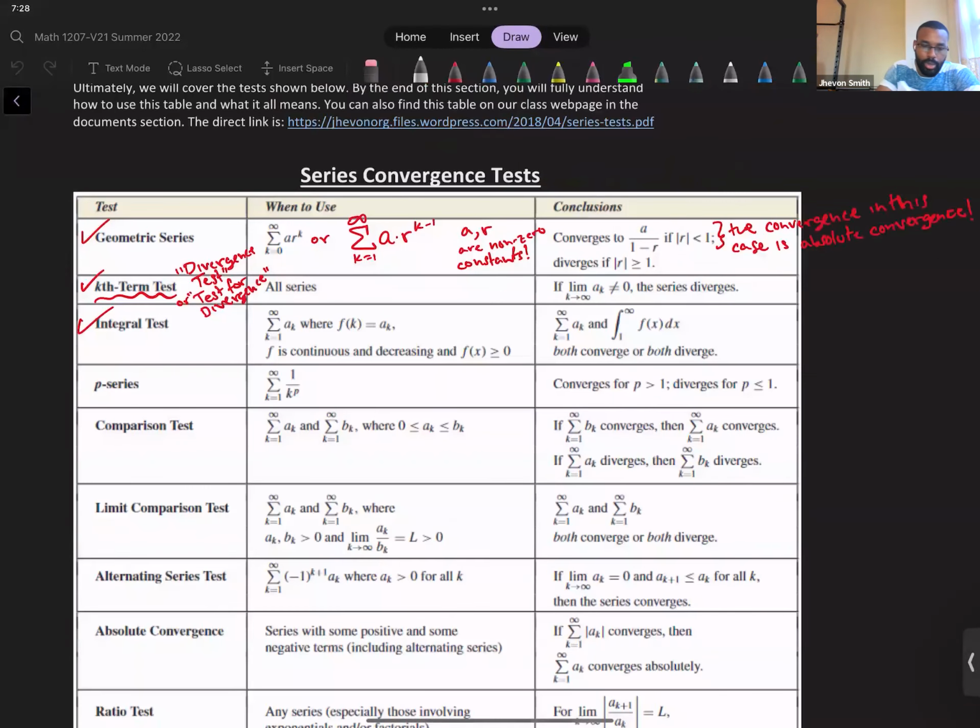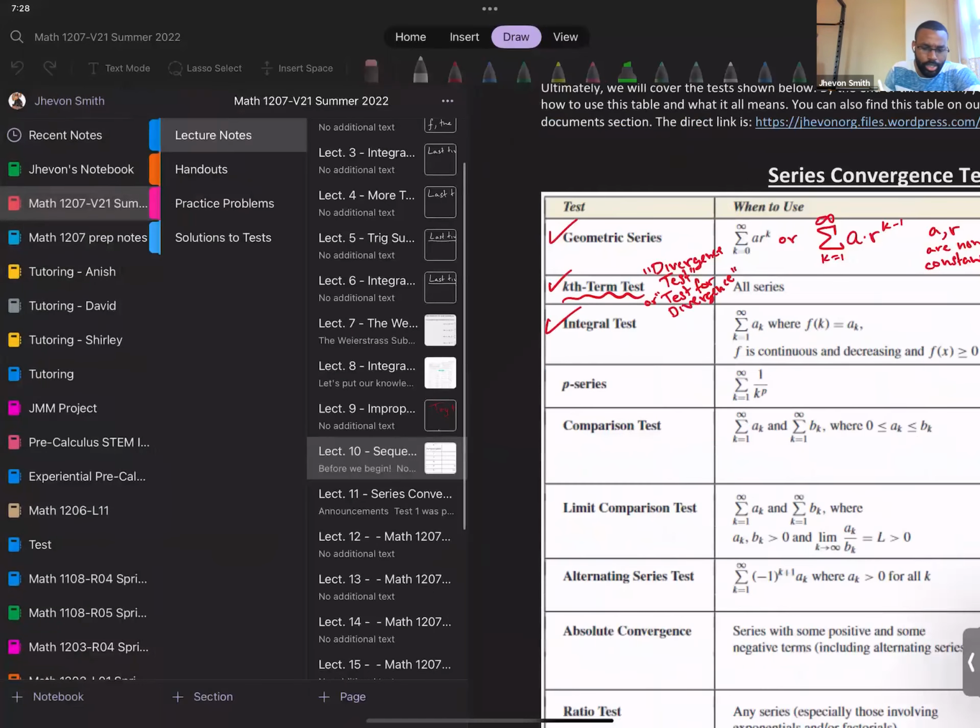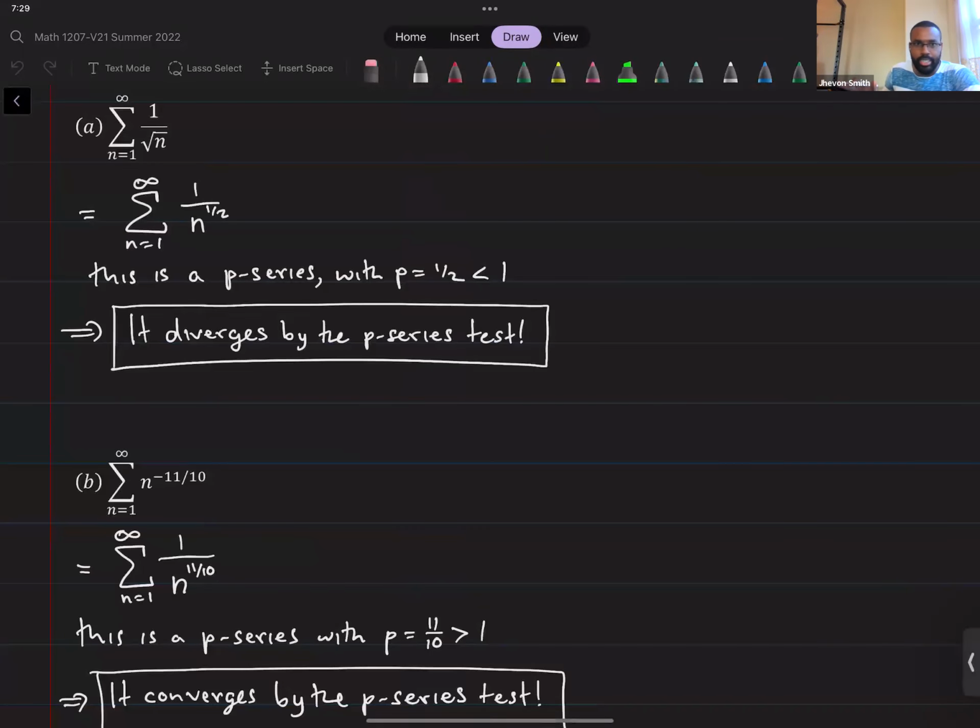So it's not going to be something where, oh, it's difficult to see that this converges. P series, they're easy to tell if they converge. You write it as 1 over n to some power, and you're like, oh, the power is bigger than 1, or the power is less than 1, or the power is equal to 1, and you know what the answer is going to be. So it's not going to be difficult to do all on its own. What's going to happen is you're going to be given a series that looks way too complicated, and you're going to sometimes want to compare that series to a P series.